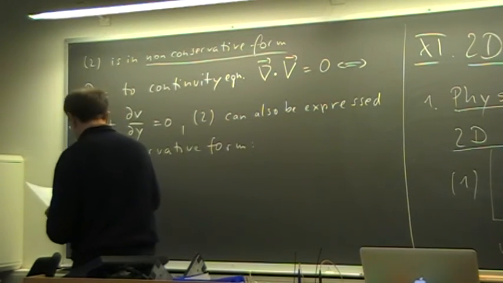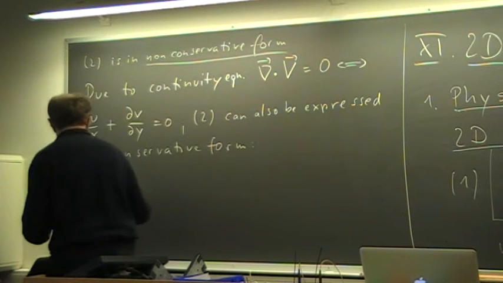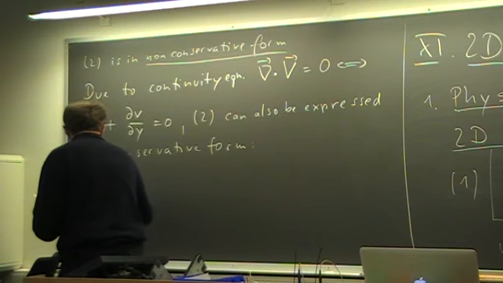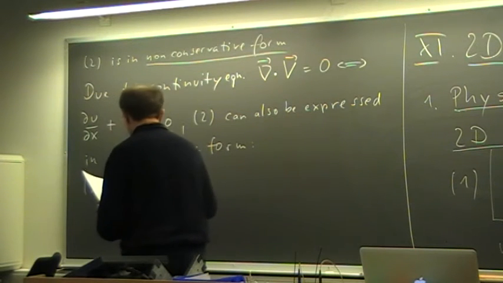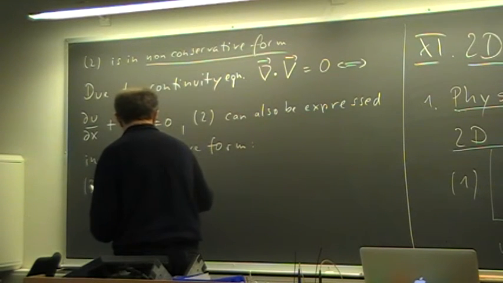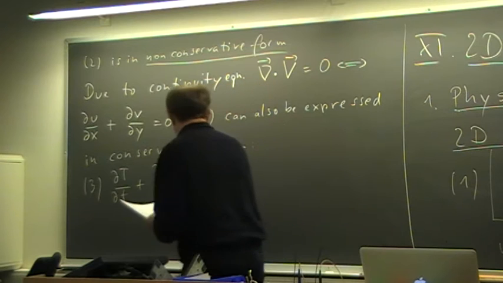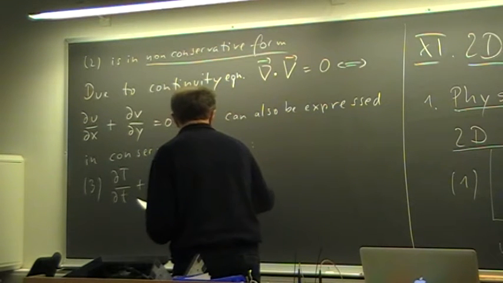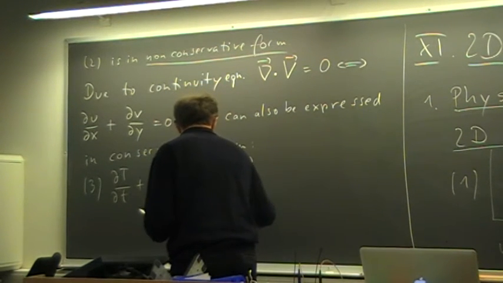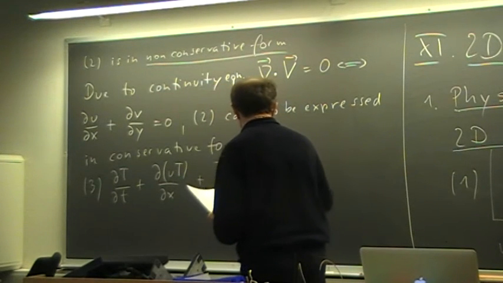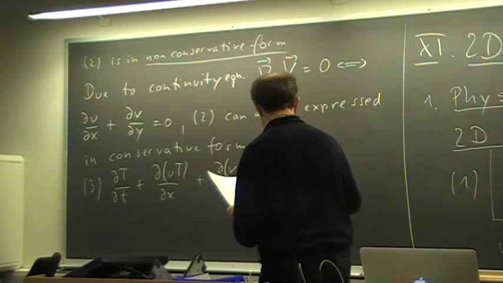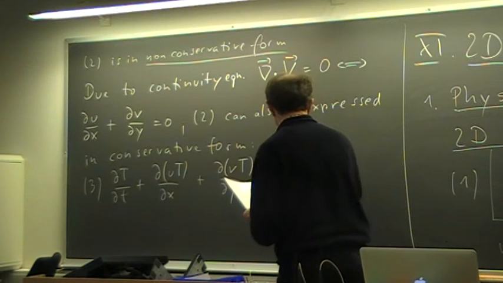And that is the T derivative, that is the same. And now we write that what I just indicated. We have now the u inside the derivative. And likewise with v, we have vT with respect to y. On the right hand side, that is already the same.